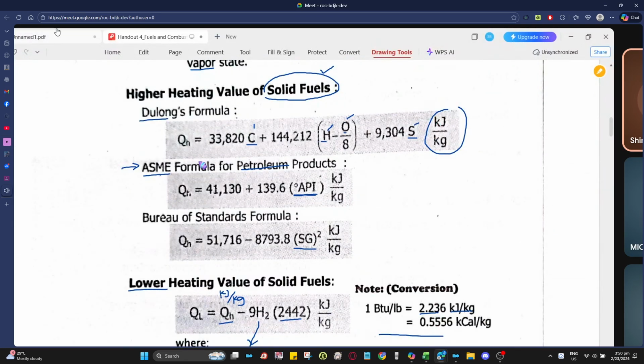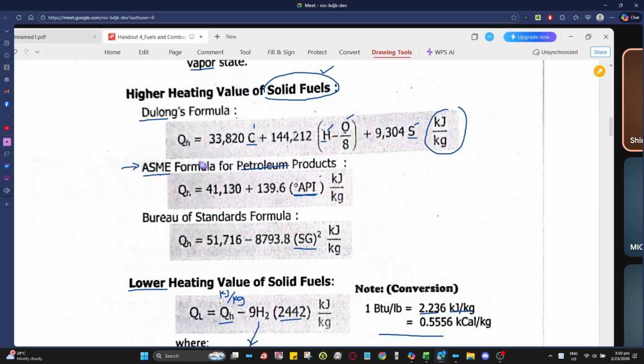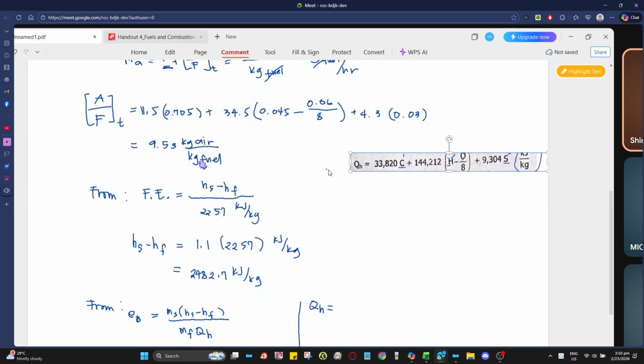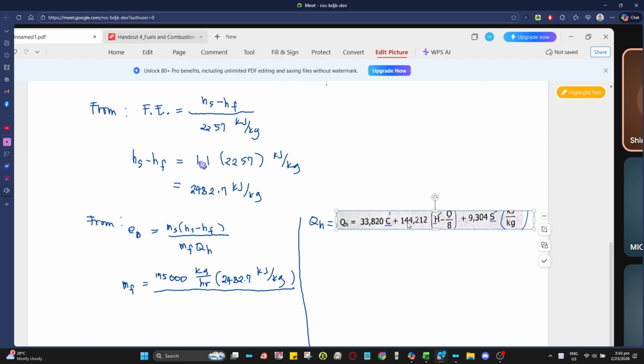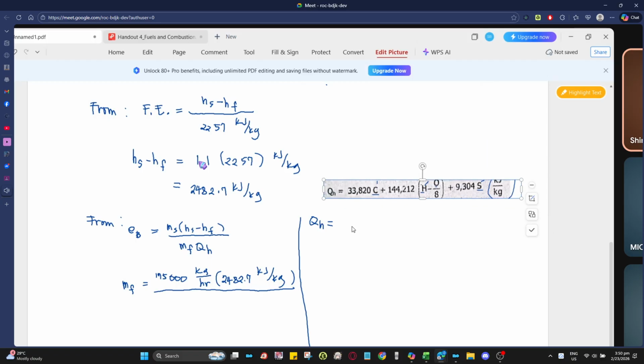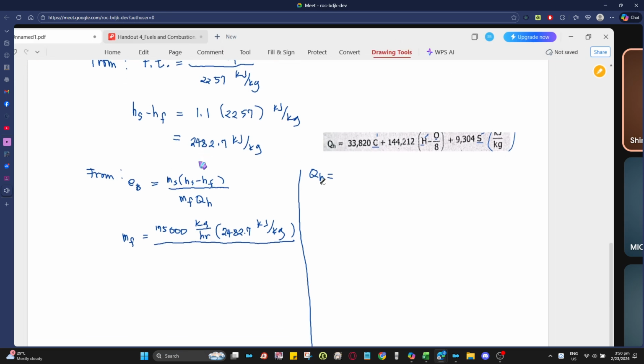DeLong's formula, since we are given the volumetric and the ultimate analysis. So to get that, 33 times the carbon content.